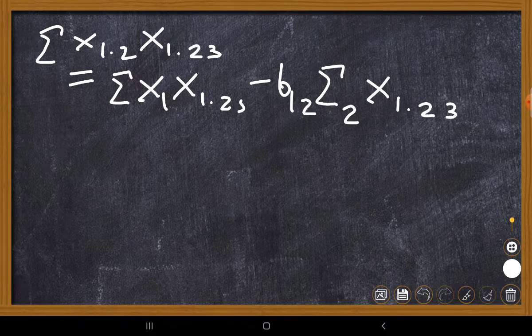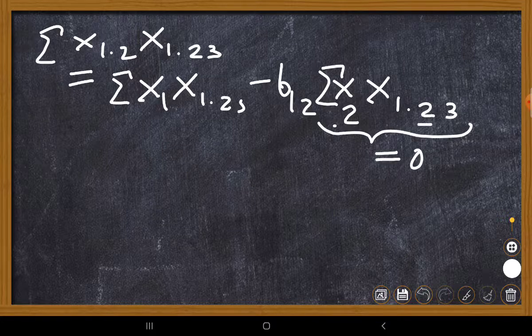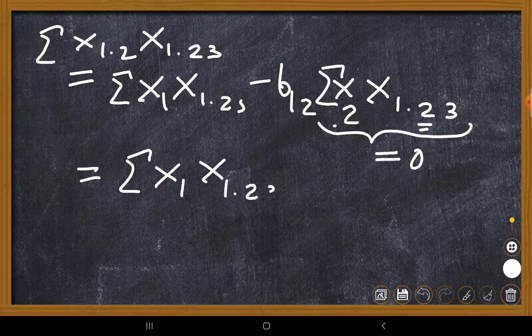But we know from property number 1 that this term here will be equal to 0, because this 2 is present in the secondary subscript of the residual x1.23. So the second term will vanish, and you'll simply be left with summation x1 into x1.23.